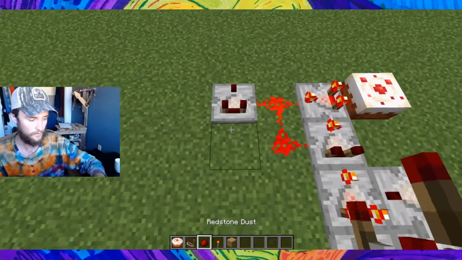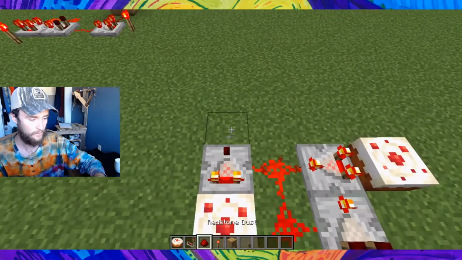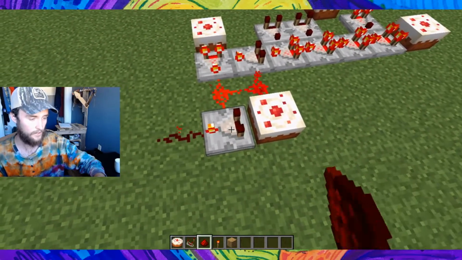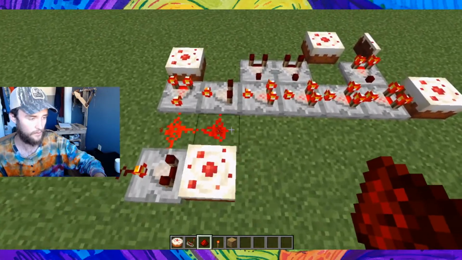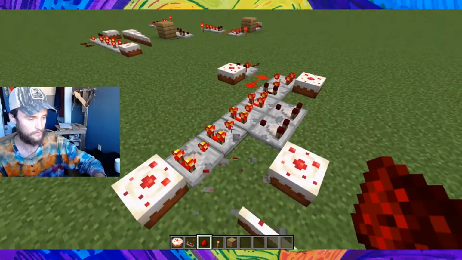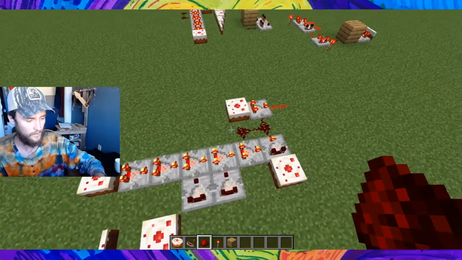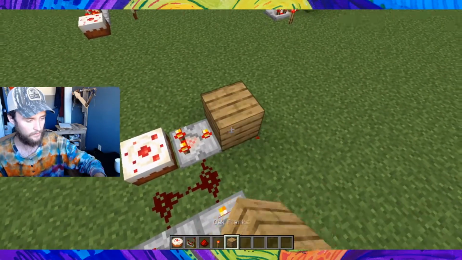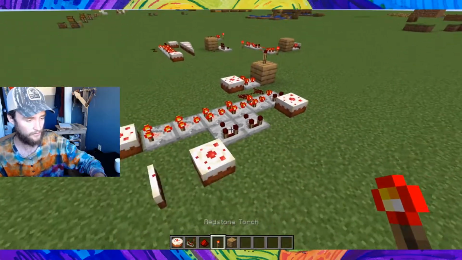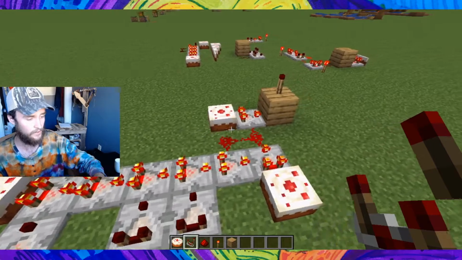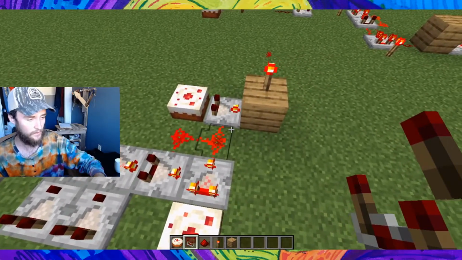So we can put our comparator here. Actually, I think subtract will work better for this. So we will destroy this. Yeah, I think this will work. That torch will turn on when it fully charges up. Put this in here, charges up, and there we go.